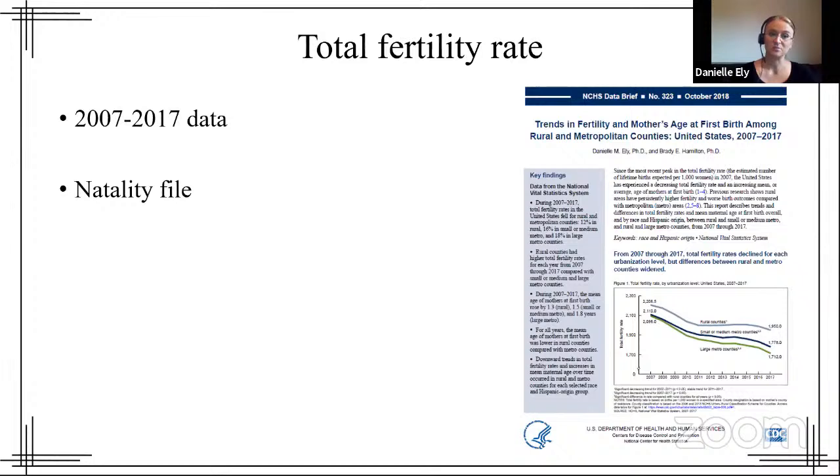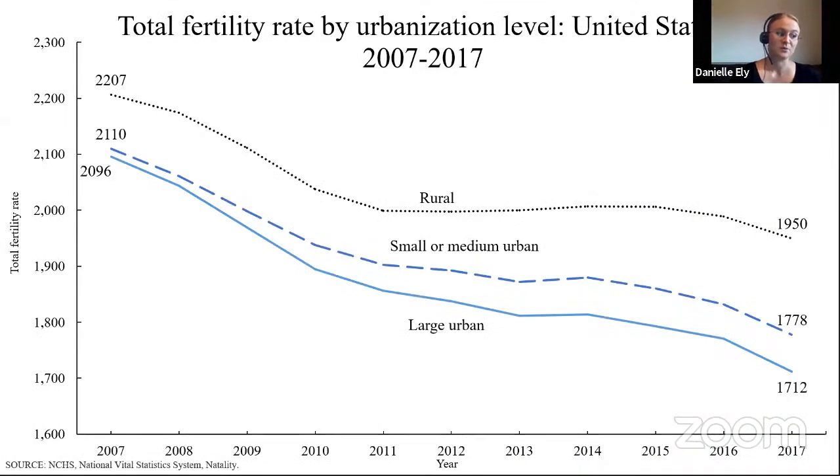So what we did was we used the birth files and pulled data from each of those years and calculated total fertility rates for rural, small or medium urban, and large urban counties. From 2007 to 2017, total fertility rates declined across urban and rural areas. The total fertility rates declined 12% in rural areas, 16% in small or medium urban areas, and 18% in large urban counties.